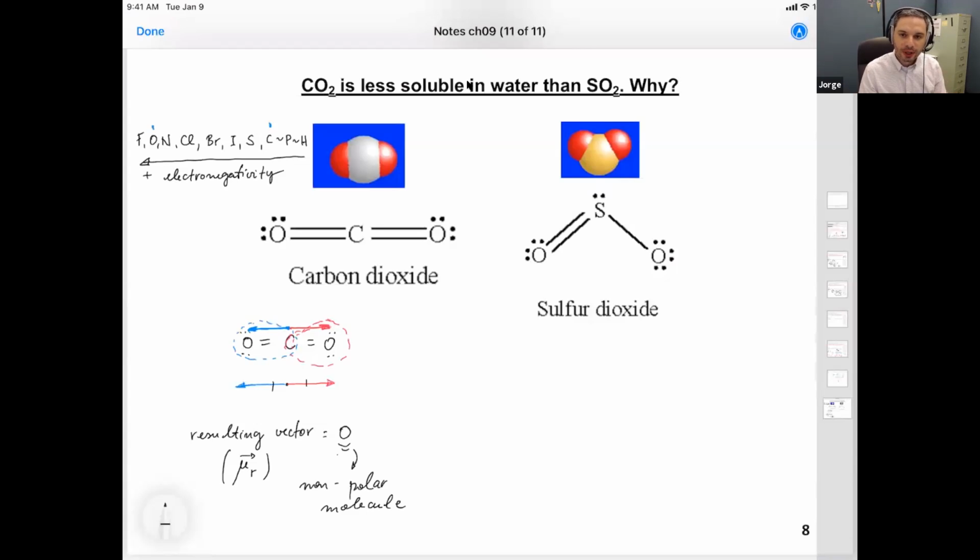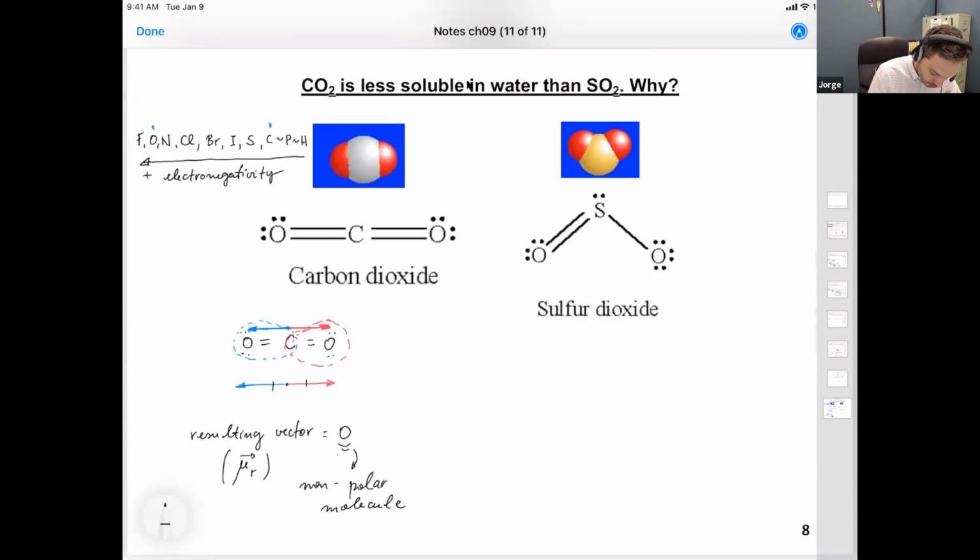Now let's take a look at sulfur dioxide. Apparently, they should be similar, one central atom bonded to two oxygens. However, because sulfur has a non-bonding pair, that will affect the molecular geometry for SO2 compared with CO2.